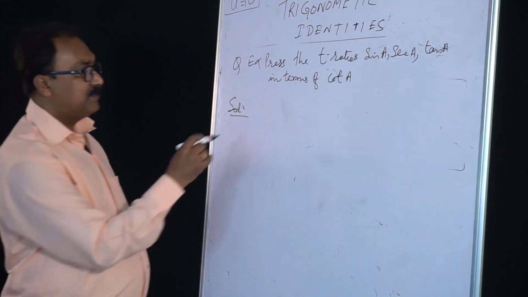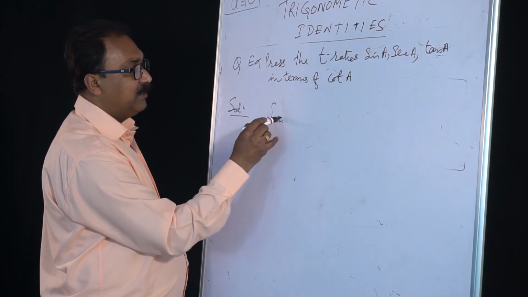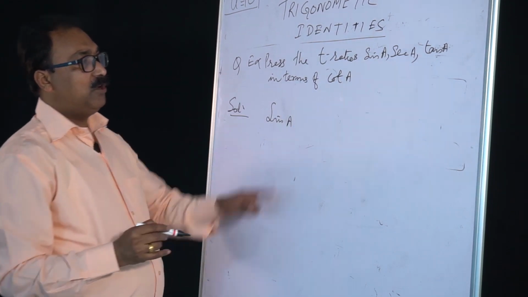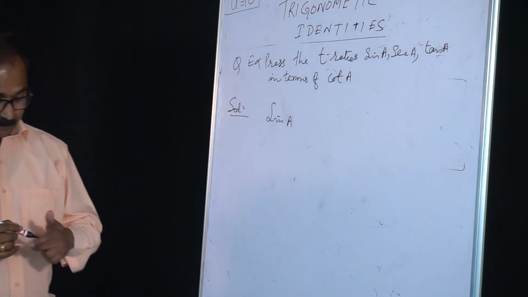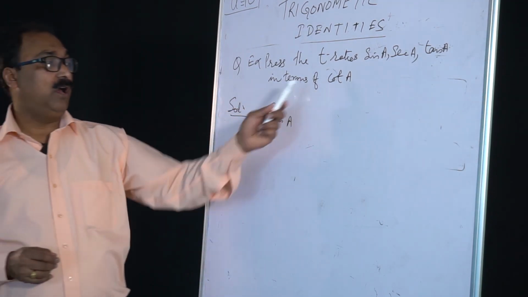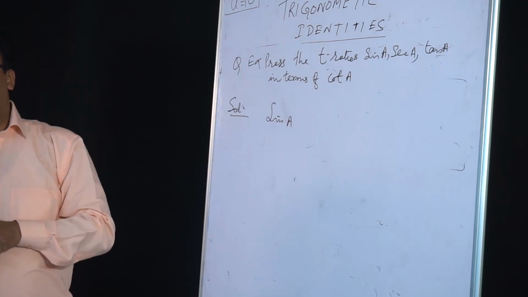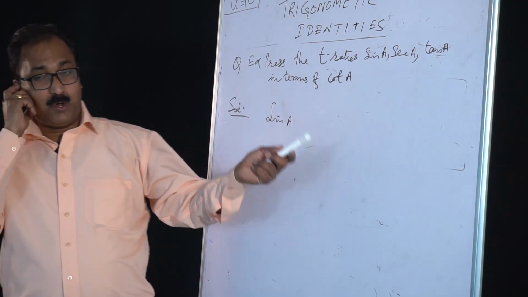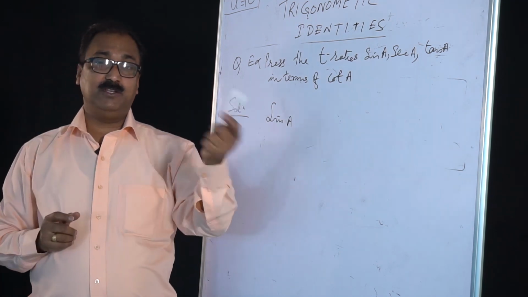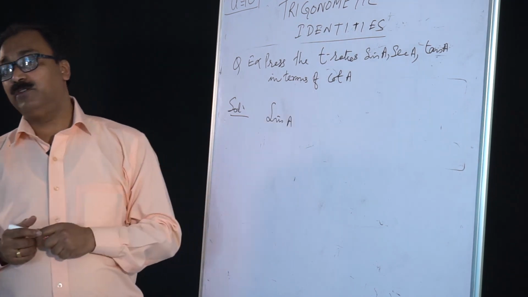Now look here, sin A, I am writing sin A. In order to reach this one, you have to know this formula. What formula do you have to know? Tell me, sin A to reach cot, how do you have to do it? From sin A to cot A. First you remember the formula sin square, cos square, then cos changes into this, or cosec changes into cot. That also you can do.